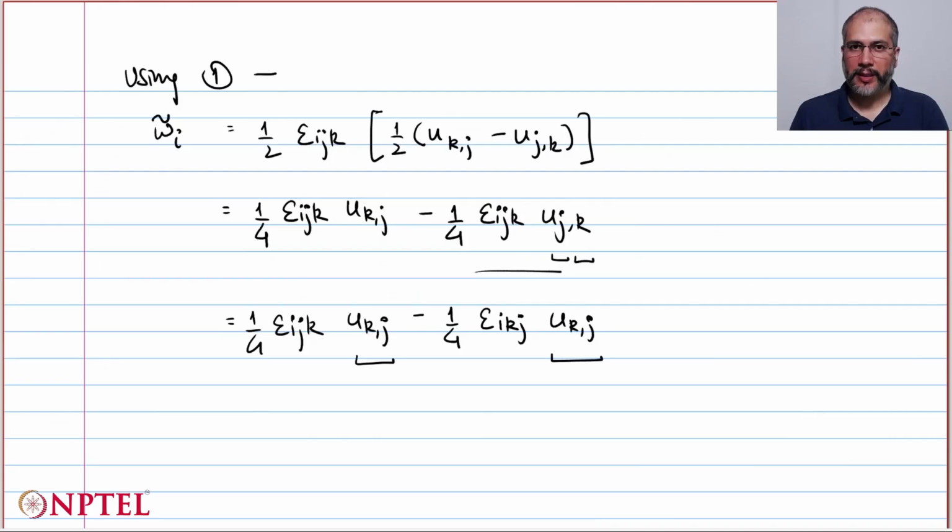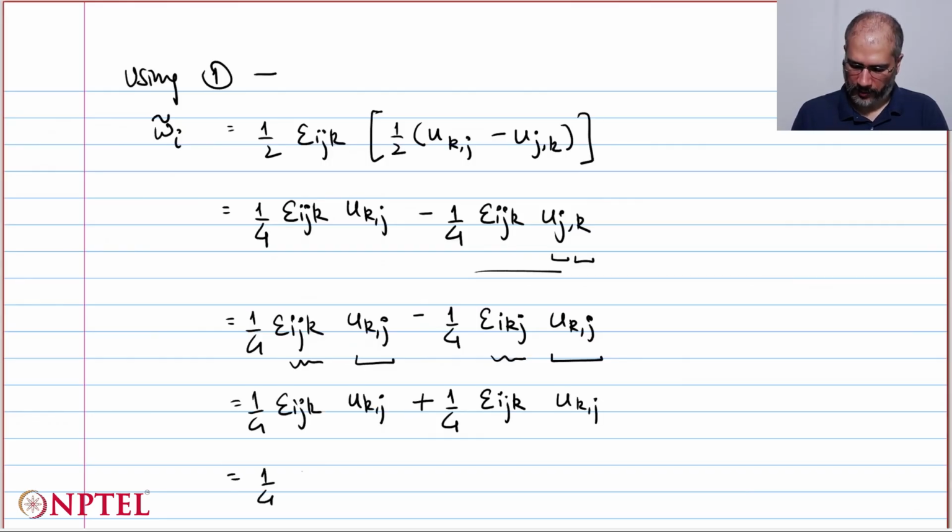So we'll try to bring the indices of the second epsilon also the same as indices of the first epsilon. So I can say that epsilon_ikj is negative, so this becomes a positive of epsilon_ijk. So swapping any two indices of epsilon changes the sign. And this becomes half of epsilon_ijk times u_k,j.